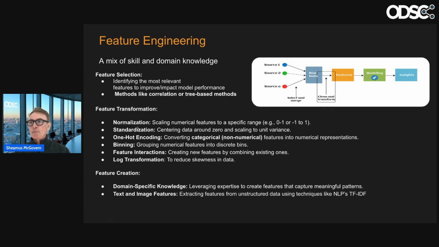Then you have normalization, which I use a lot. Maybe I overuse it. But let's say you're dealing with commercial real estate, and a building might have 500,000 square feet, and then you're dealing with the number of elevators in the building, 3, 4, 5.